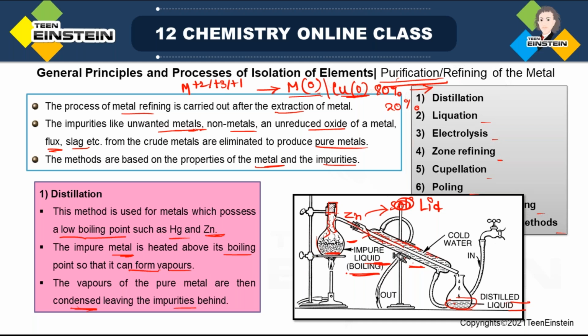So that is why when you are heating it, only zinc will be evaporated and it will be condensed. Ultimately pure zinc you will get here. But impurities having a higher boiling point will not be converted to vapor. They will remain in the flask. So this is the method of distillation. Is it clear? Should I repeat it once more?